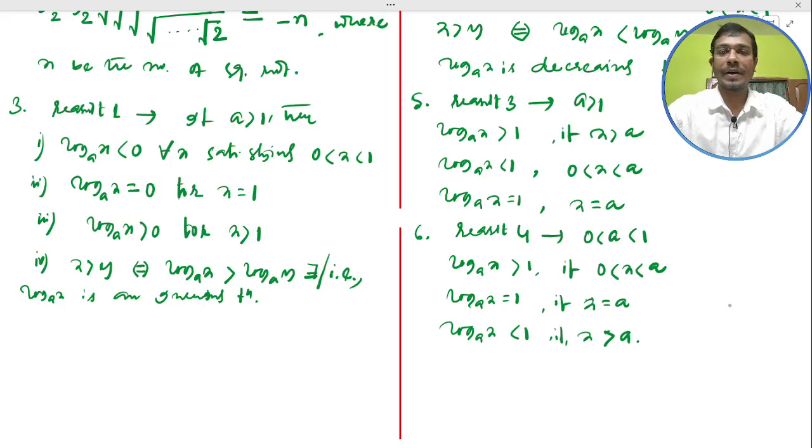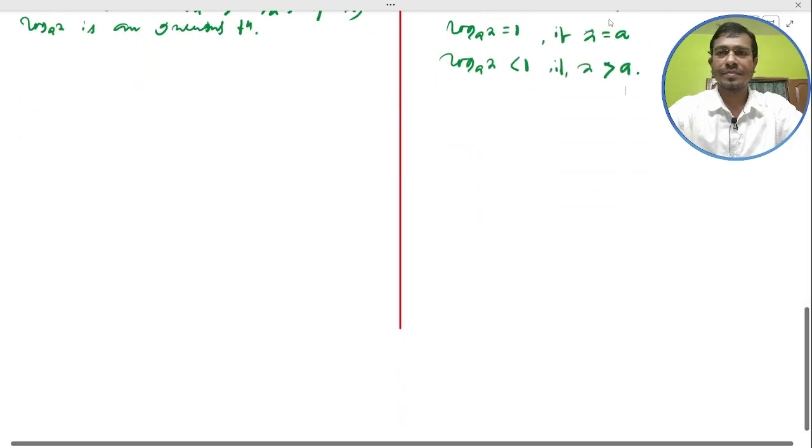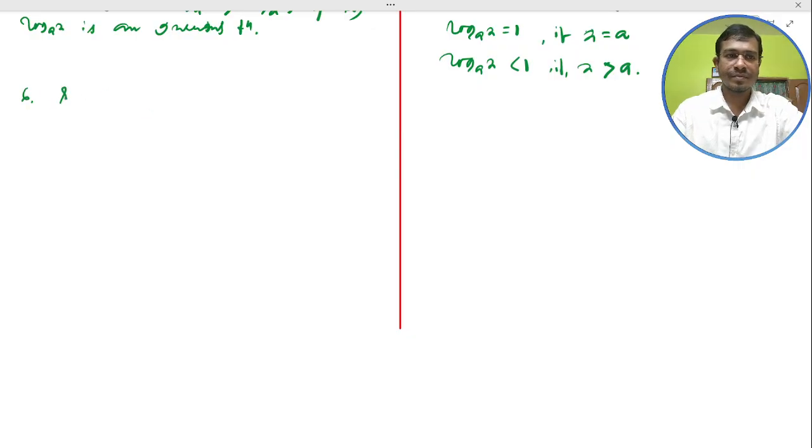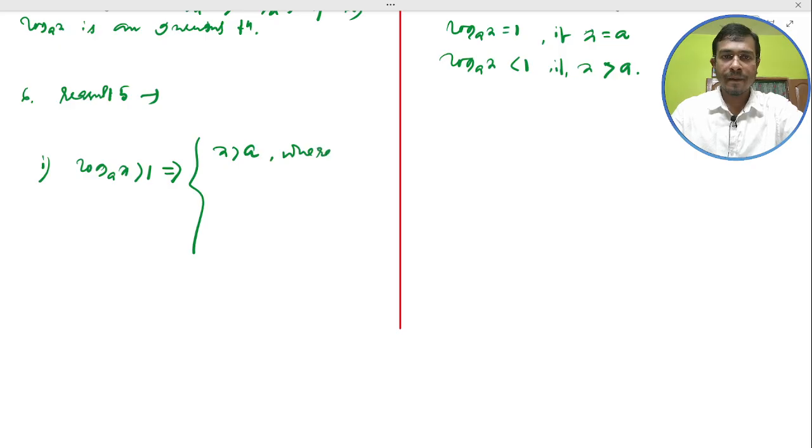Last result, result number 5. Number 1: log x greater than a implies that x greater than a where a greater than 1, and 0 less than x less than a where 0 less than a less than 1.